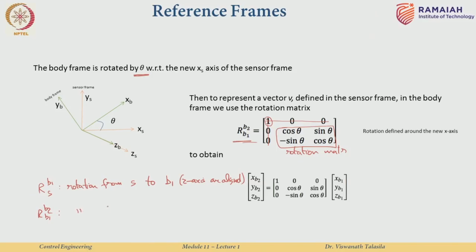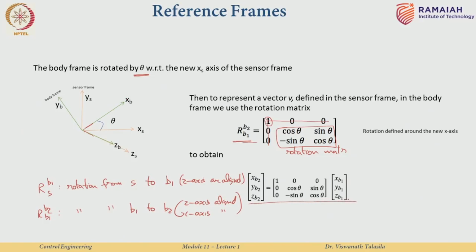This is a rotation from the B1 reference frame to the B2 reference frame where the z axis is aligned as before, and now we are aligning the x axis as well. So, now two axes are aligned, and you can see that over here, both the axes, the z and the x, are aligned after you apply the rotation.